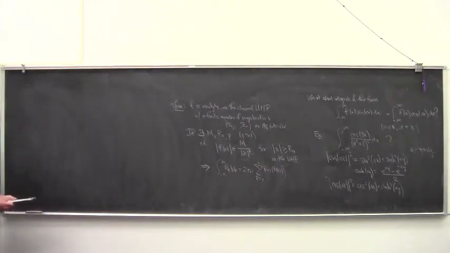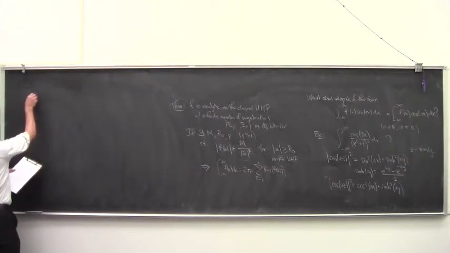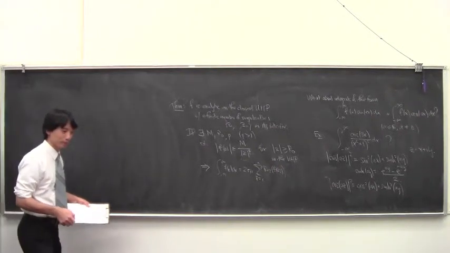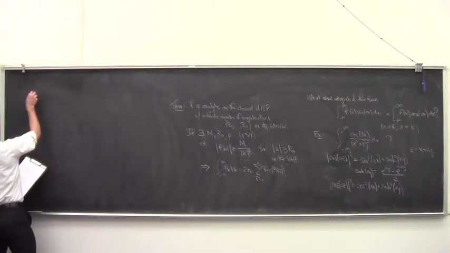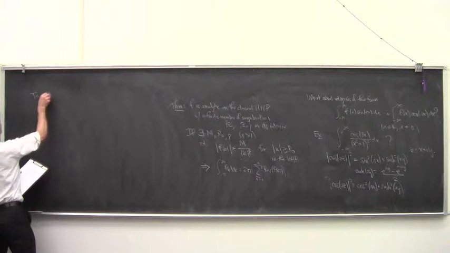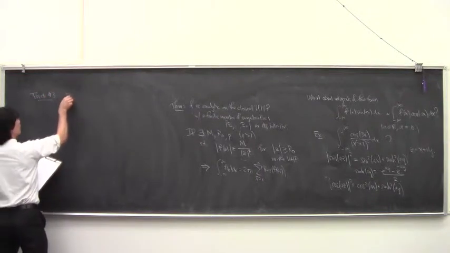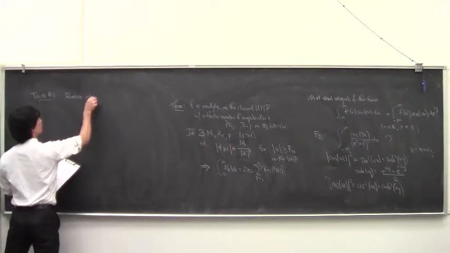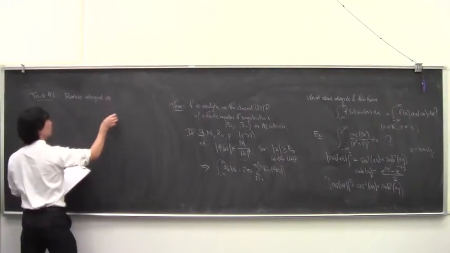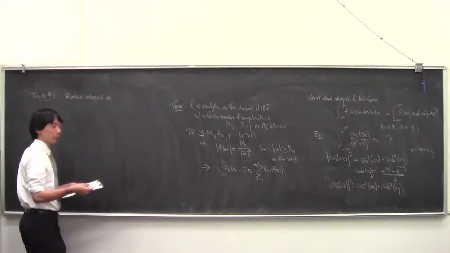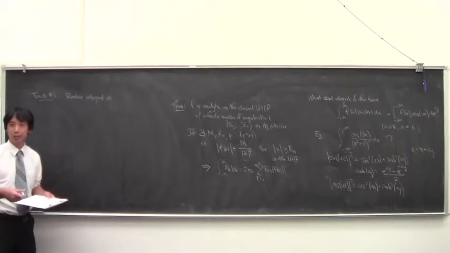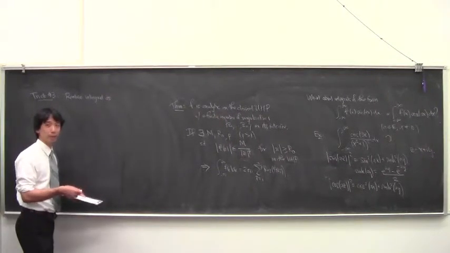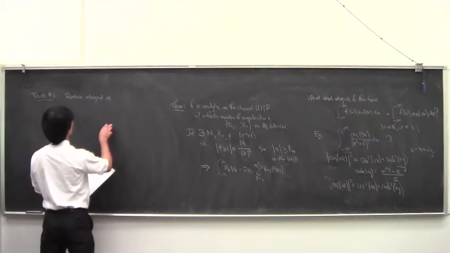So instead, we play trick number 3, I think. Trick number 3 is to realize the integral as not part of a contour integral, but the real part or the imaginary part of some contour integral.